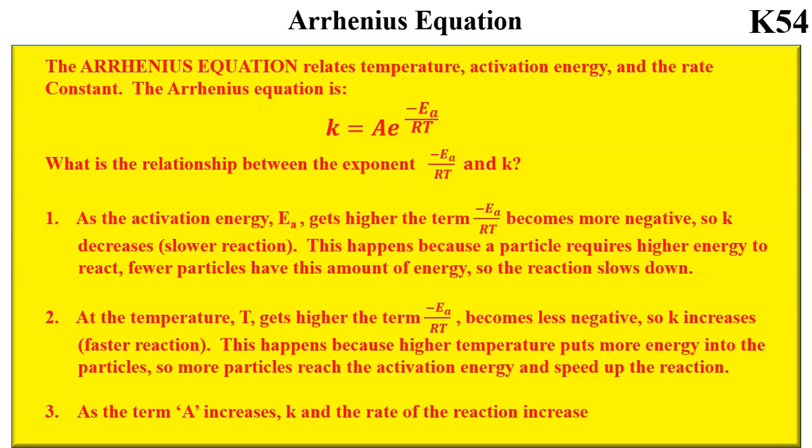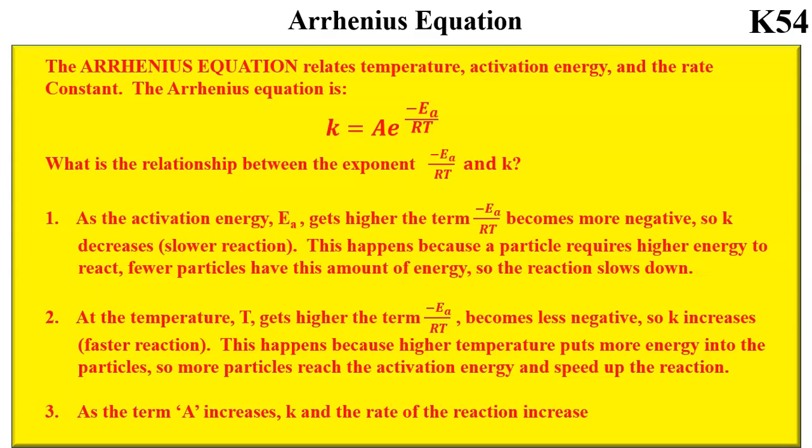And think about that logically. If you increase the activation energy, it's harder for the molecules to get over that energy mountain to react, and therefore you're going to have less of a reaction. The reaction's not going to take place as quickly. So this happens because a particle requires higher energy to react. Fewer particles have this amount of energy, so the reaction slows down.